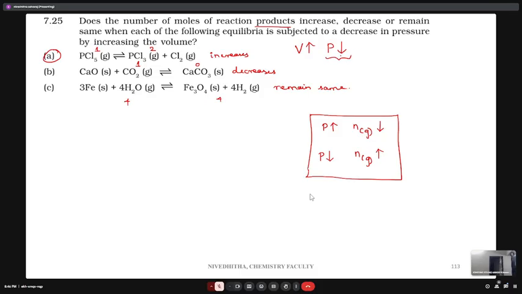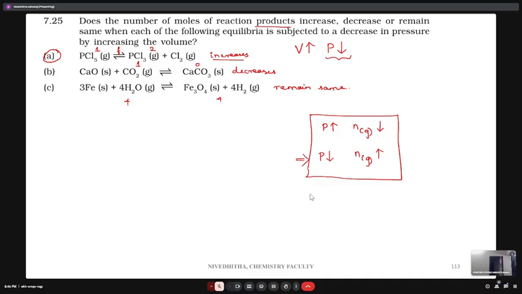Now they are decreasing the pressure. If you decrease the pressure, the reaction will move in a direction where the gaseous number of moles is more. In the first reaction, on which side is the gaseous number of moles more? At the product end, right? So the reaction will move in a forward direction, due to which the concentration of product will increase. Okay.